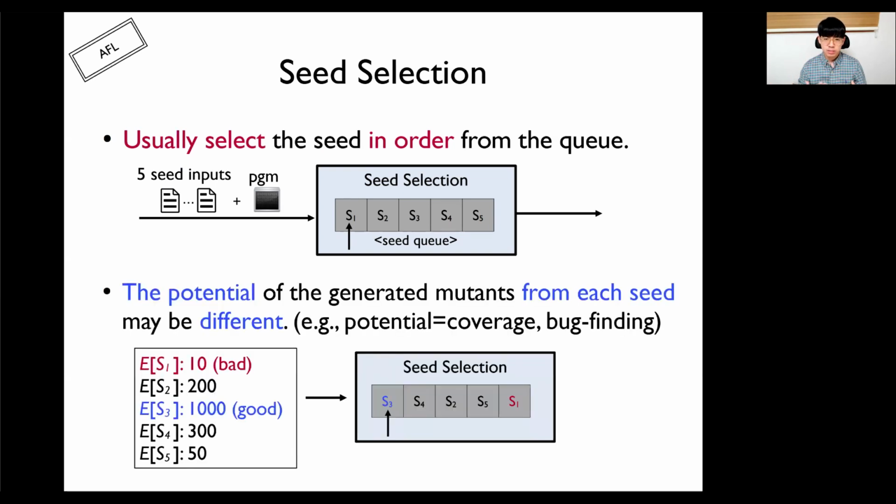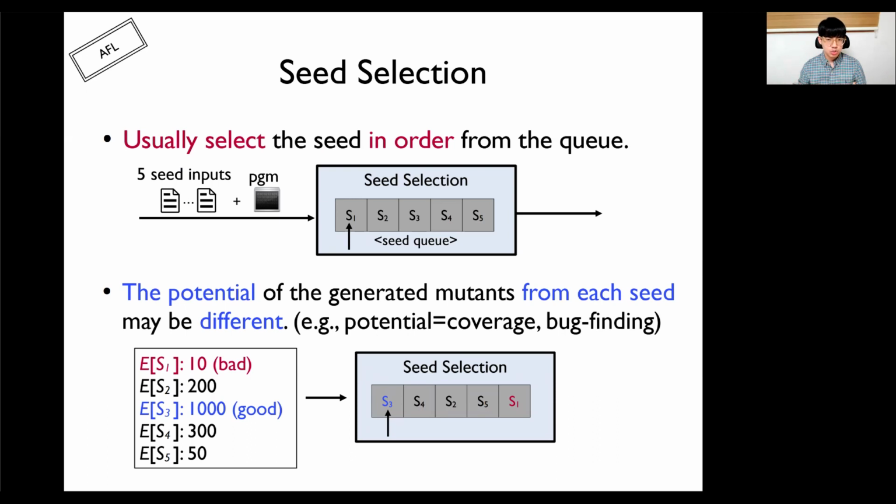This is because the potential of each seed will typically differ. More specifically, the potential refers to how effectively mutants generated from each seed will improve code coverage or detect many bugs.